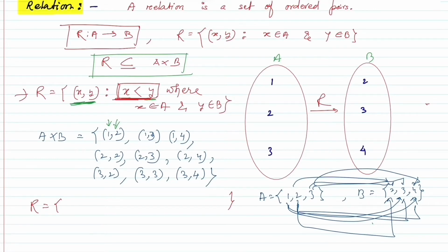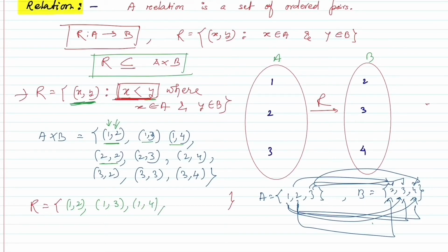So here you see, in the first ordered pair, the first component is less than the second, so we can take 1 comma 2 here. Then in the second also, the first component is less than the second, and in the third as well. Then in the fourth ordered pair, both the first and second components are equal, so we cannot take this one. So we can take the second and third ordered pairs here, 1 comma 4.